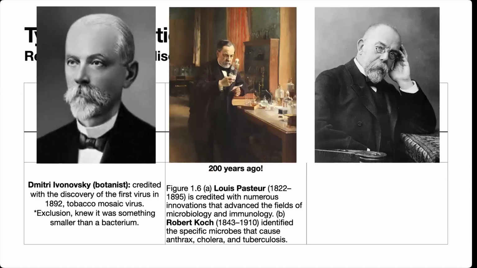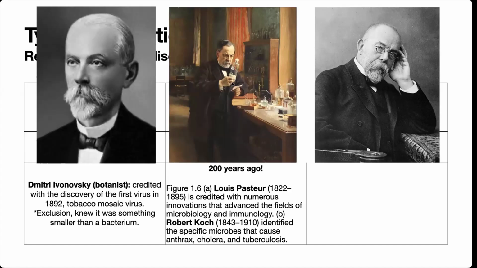And with respect to our bacteria, all of this work was done like 200 years ago. And so we had some really awesome discoveries that were made 200 years ago before what we have right now for modern science. And so we have Louis Pasteur right here, and we have Robert Koch right here. Both of these gentlemen ended up making some incredible discoveries in the field of microbiology and immunology in particular.